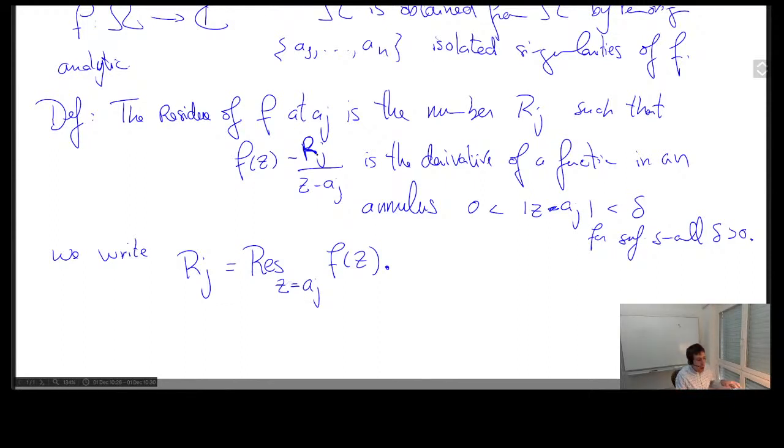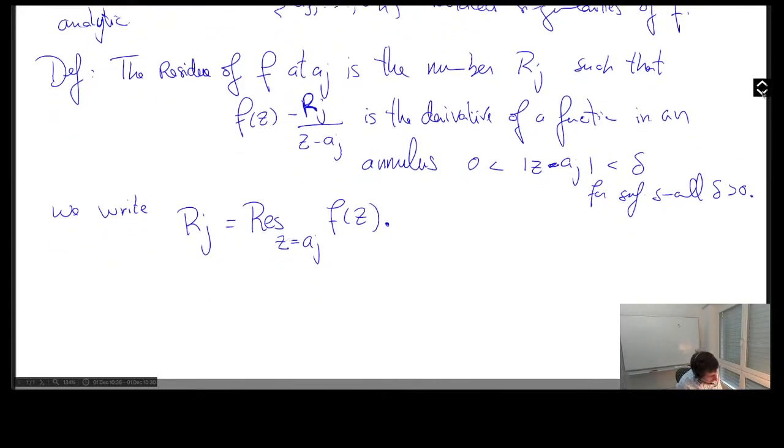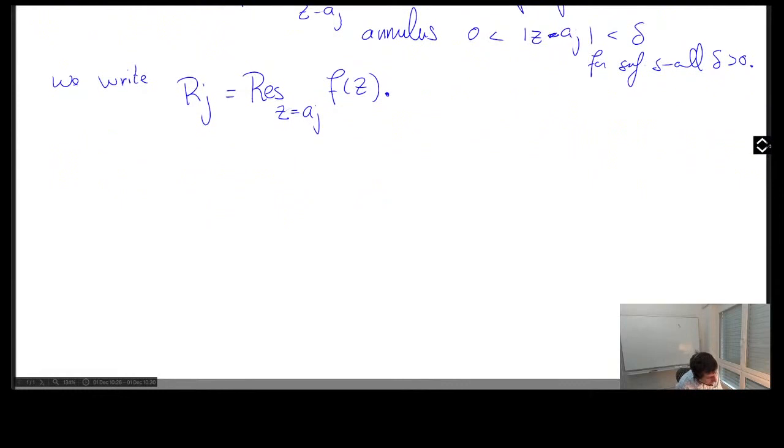Then all the polynomial factors will have a primitive, and 1 over z squared and z cubed and so on will have a primitive. And so in order for the whole function to have a primitive, usually there's only a problem at the 1 over z term. Once you fix that problem, you know that this has a primitive, and so this is an easy way of computing the residues. This will be more clear in a second. But these notions are completely equivalent.